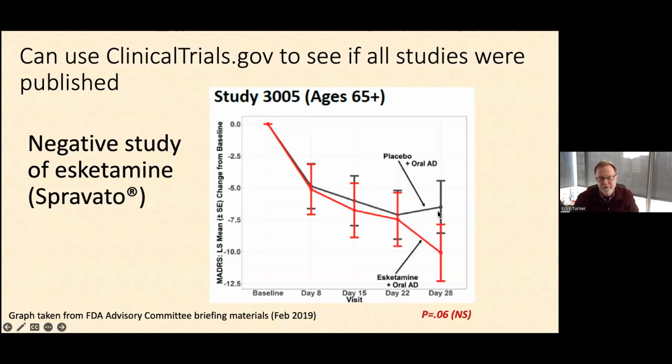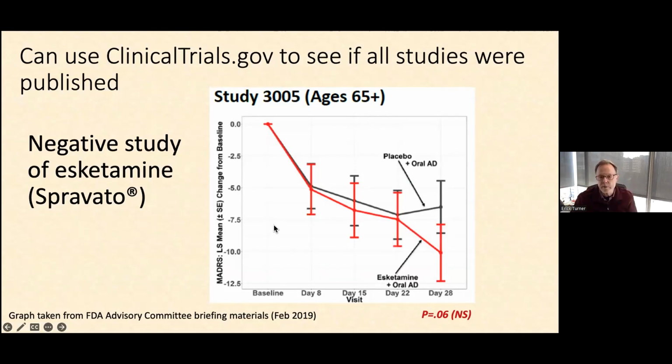It almost made it, but drug and placebo were basically indistinguishable for most of the study. Obviously, it was a negative study, but there are ways of tracking these things down now and seeing if they've been published, and if they've been published in a way that's truthful, which we didn't used to have at all.